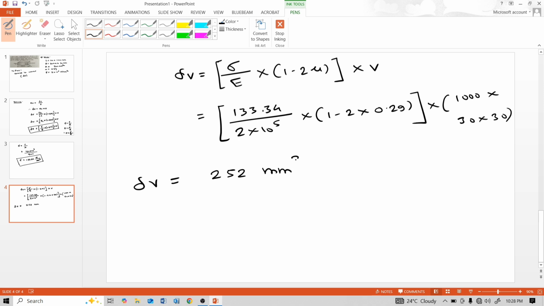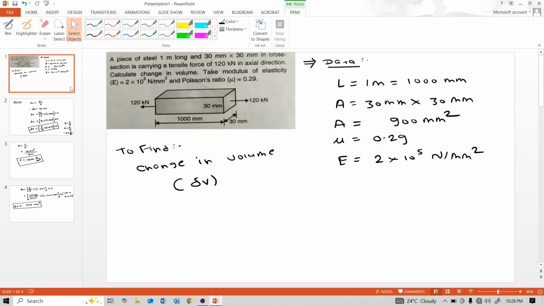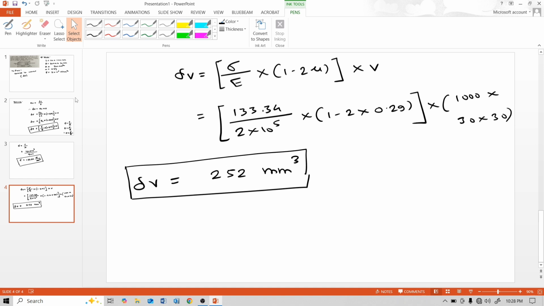The unit of volume is mm cube. For that piece of steel 1 meter long, the change in volume is 252 mm cube.